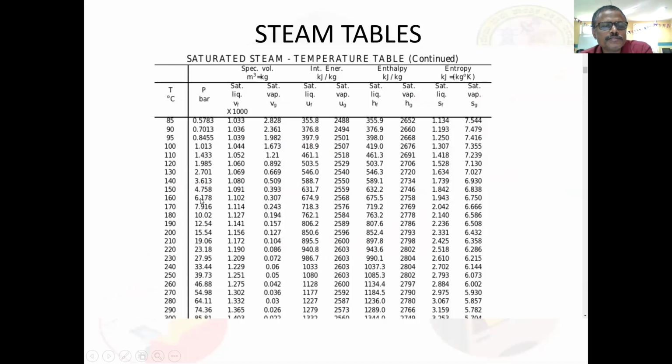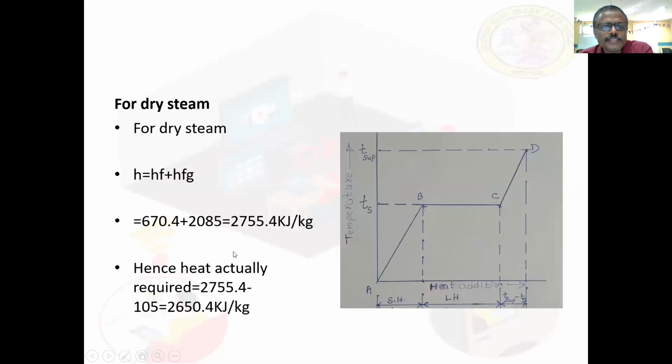Some other types of steam tables will give you the pressure of 6 bar. So pressure to its left, you have got saturation temperature. Here you have to get this temperature, 158.8.